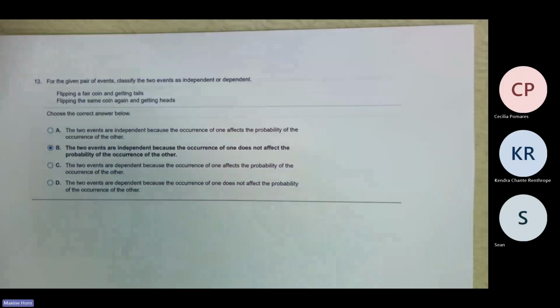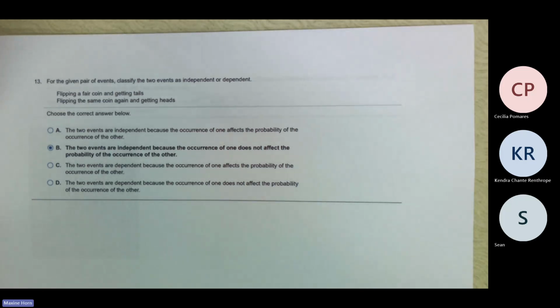Okay, number 13. Another independent or dependent definition test. For the given pair of events, classify the two events as independent or dependent. Flipping a fair coin and getting tails, flipping the same coin again and getting heads.